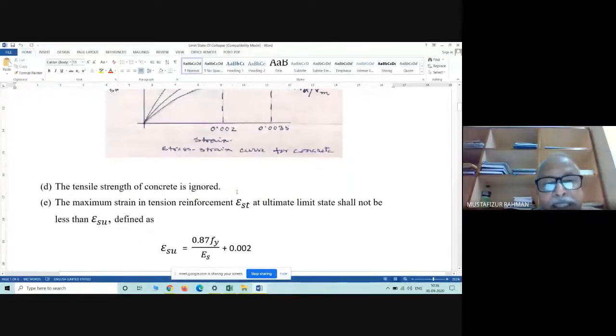Okay, then the tensile strength of concrete is ignored. Now, if there is a strain difference, a stress difference because of the deflection, normally the bottom part is subjected to elongation and the upper part is subjected to contraction.